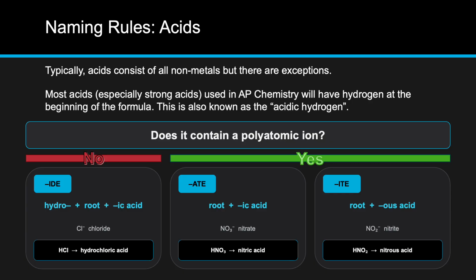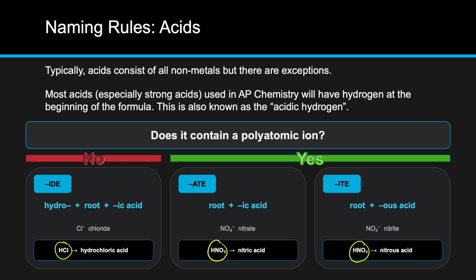Typically, acids will present as all nonmetals with a hydrogen first in the formula. However, just know that there are exceptions to that. As you can see in these three examples down here, all of them start with hydrogen, which is usually a clue that it is an acid.